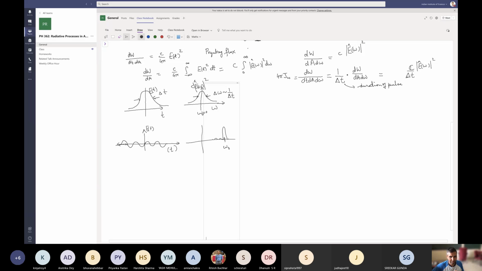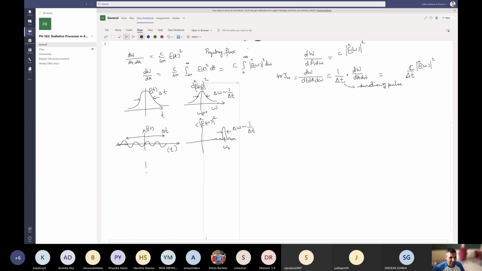At minus omega you'll have the same structure, but I'm not drawing that. This delta omega is like your 1 over delta t, where delta t is the pulse width. You can actually try all this. I hope all of you know a little bit of Python or some other language like MATLAB. You can try these signals and look at the Fourier power and make sure that this intuitive picture is borne out by mathematics.